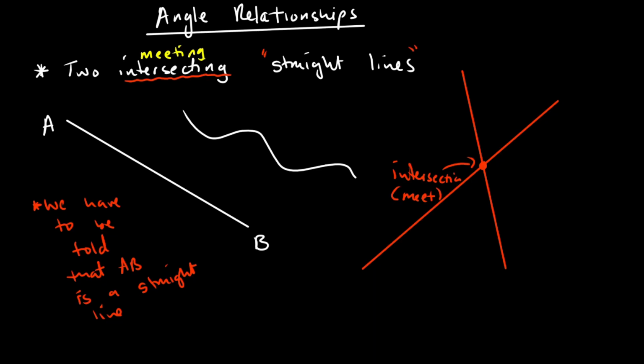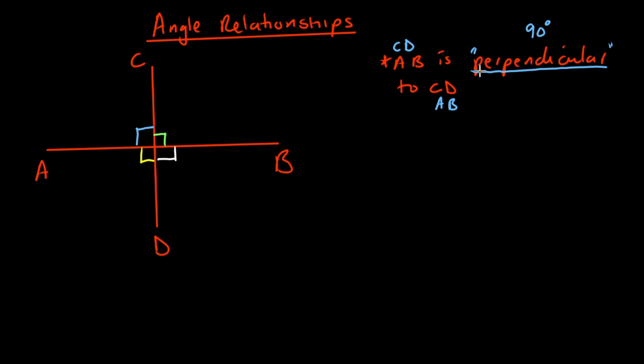The first angles: we are going to have this situation where we are told that AB is perpendicular to CD. AB is perpendicular to CD, which means the first important thing that we have is the word perpendicular.